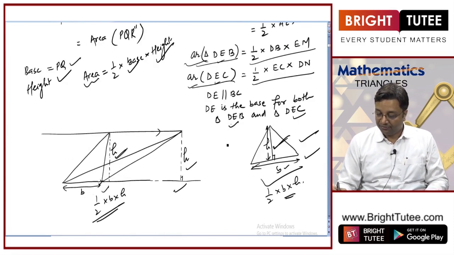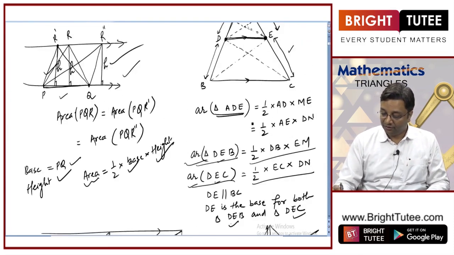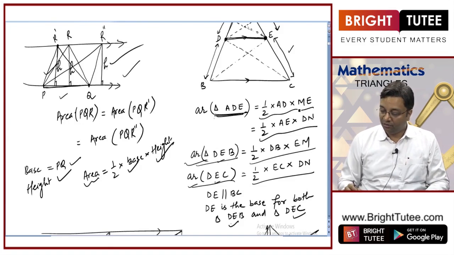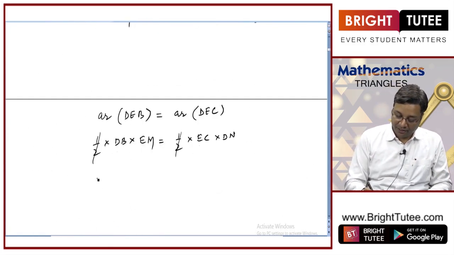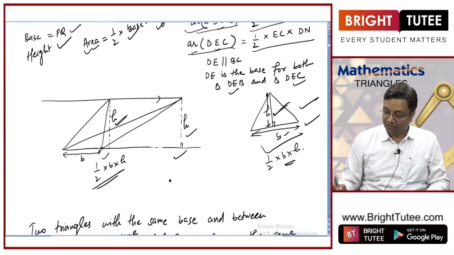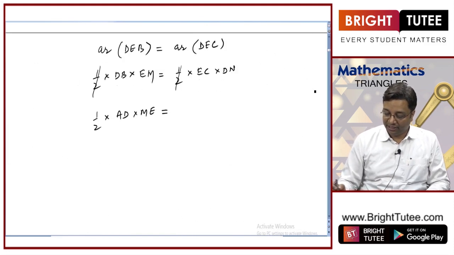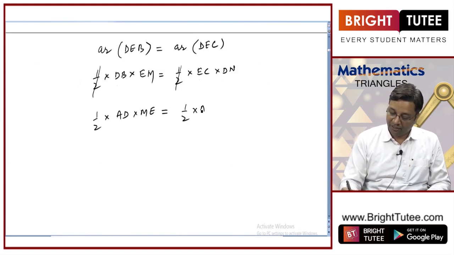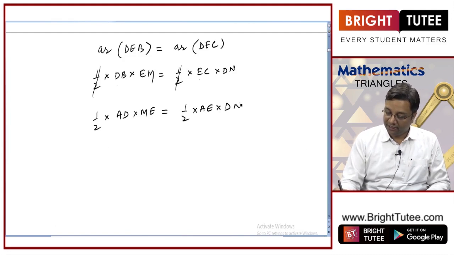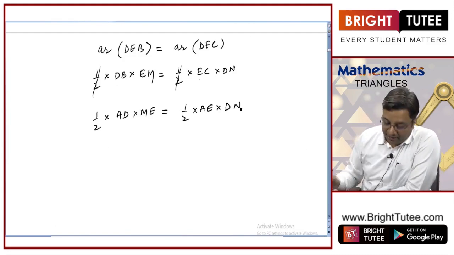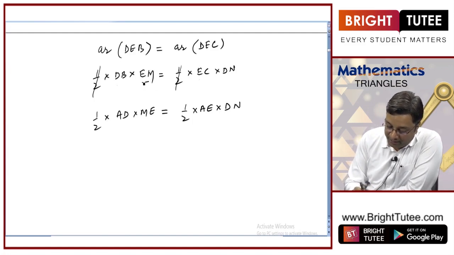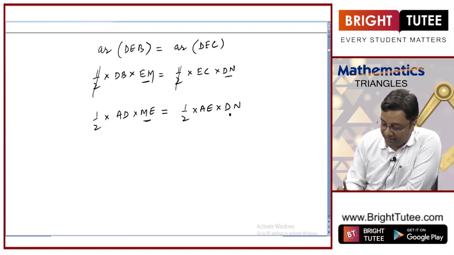Now another result that we can get is from this. So these areas are for the same triangle ADE. So these are equal. We already proved it. So half into AD into ME is equal to half into AE into DN, right? Now look at these ratios. EM is there, ME is there, DN is there, DN is there.